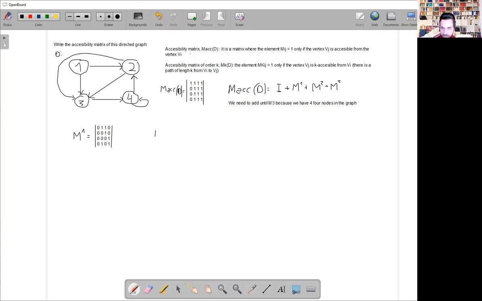The accessibility matrix of order 2 is equal to the logical multiplication of 2 accessibility matrices of order 1, right? So it could be something like this.